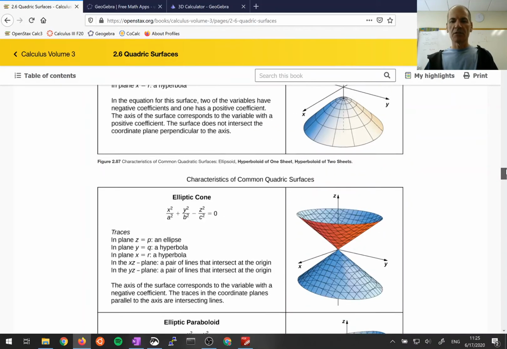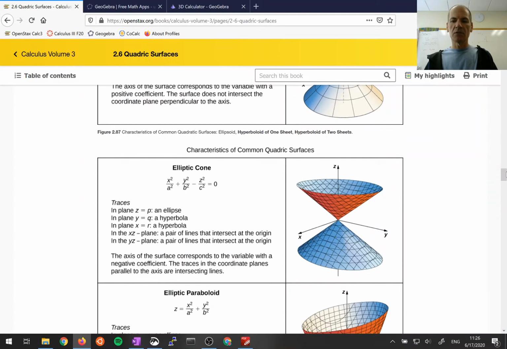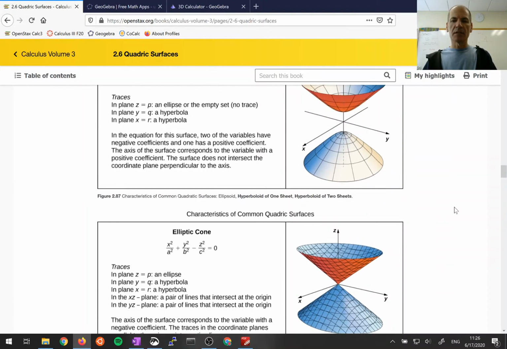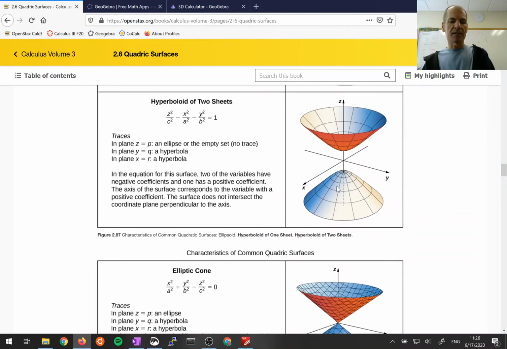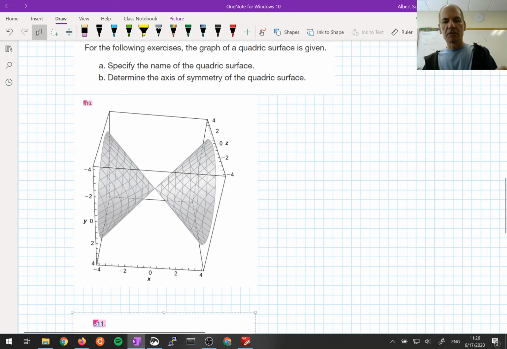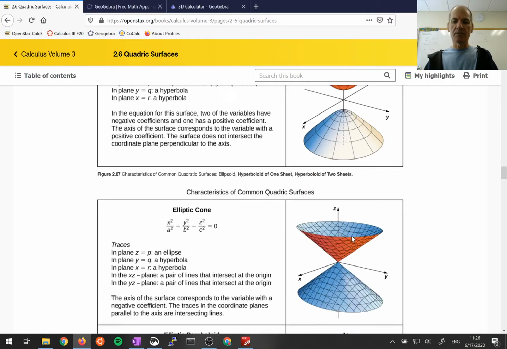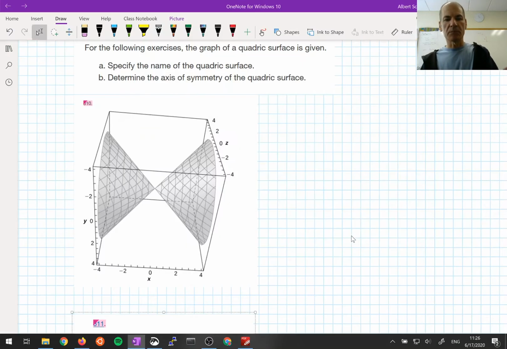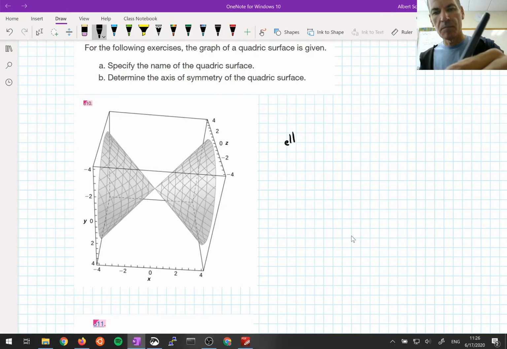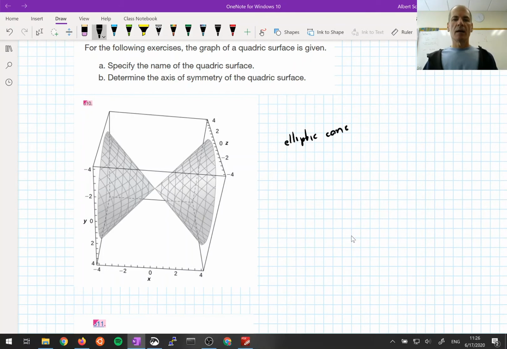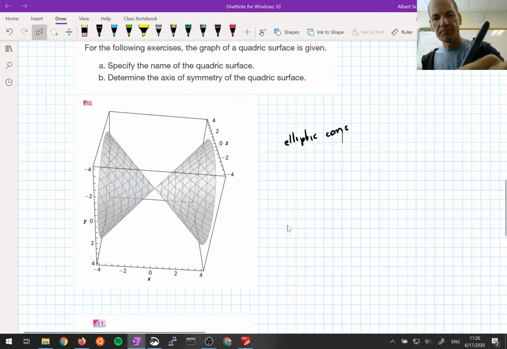And we look at these two and we see that in this one, the two lobes, the upper and lower part of the surface, are touching at a point, whereas up here, the two lobes are not touching. So this looks a heck of a lot like the second one, something we call an elliptic cone. And the axis of symmetry appears to be the z-axis.